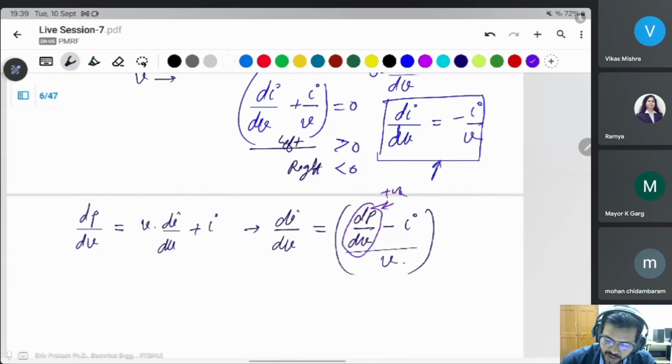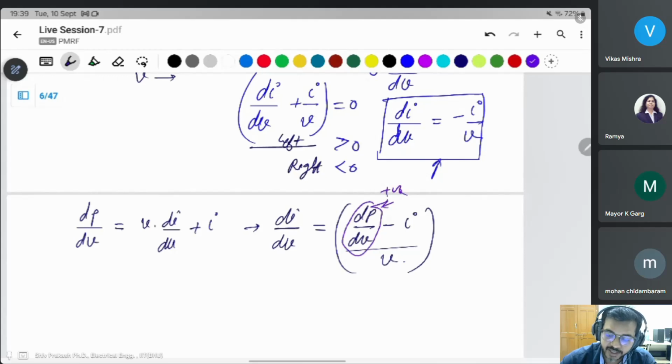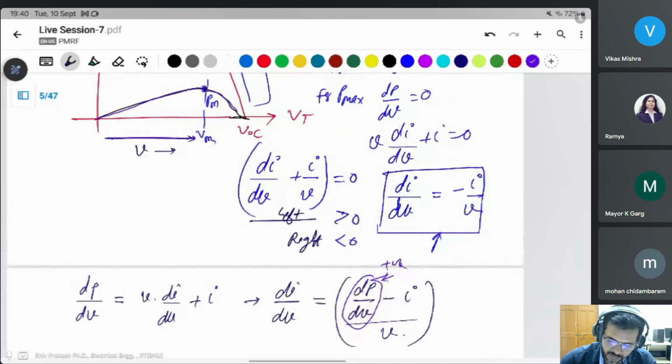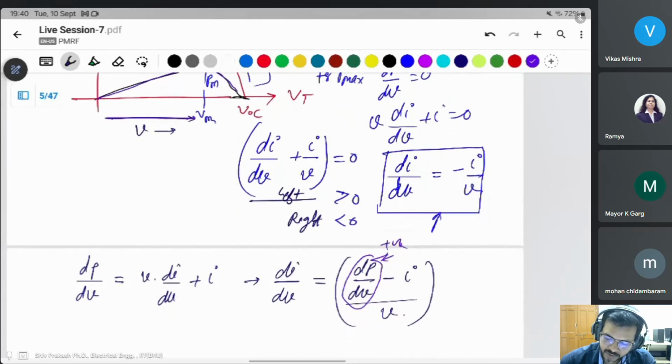The whole thing may be positive or negative depending on this value, I into P. But I is reducing here and voltage is increasing, so the whole power thing is positive. That's why this value is positive at the left side.